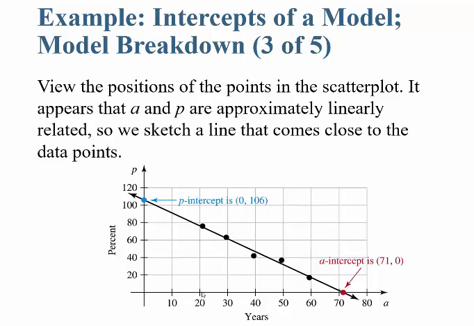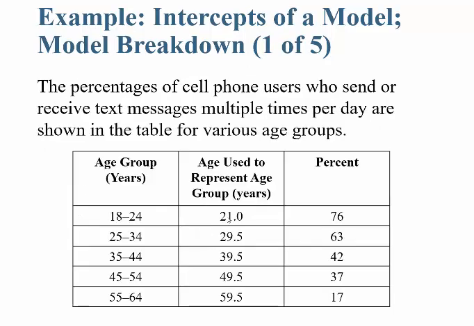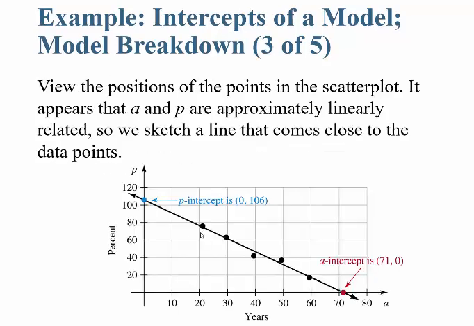Remember, the first value I had for A was 21.0 and the percentage was 76. So at roughly the age 21, go up, it was roughly 76% of people. You plot the rest of the points. And then we draw a line that goes through, not exactly touching, but a line that does a pretty good job modeling the data points.